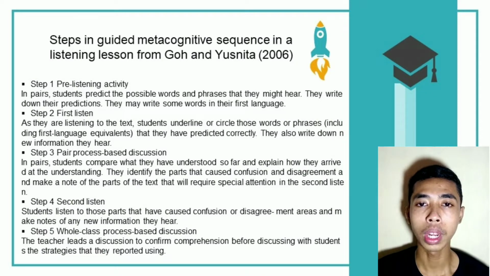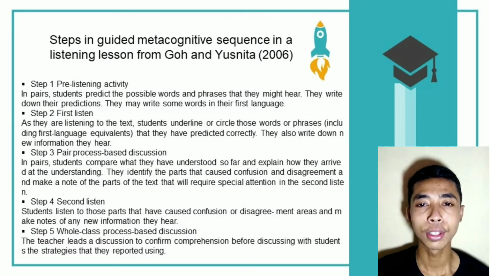The students will hear an audio and predict the possible words that they might hear. In the second step, the students will be more active. They will listen to the text and search for difficult words. They will underline or circle the words and also give short notes about the difficult words.